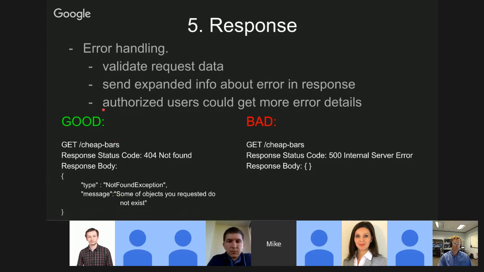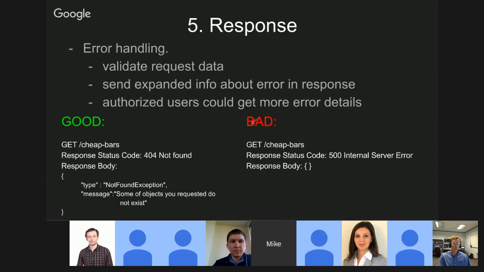Also one good practice here is to send more detailed information to authorized users. For example, if the user passes authorization and the API knows that it's an administrator or some user with extended roles and rights, we can send this user a bit more details about the error, for example, the stack trace, the error stack, something like that.